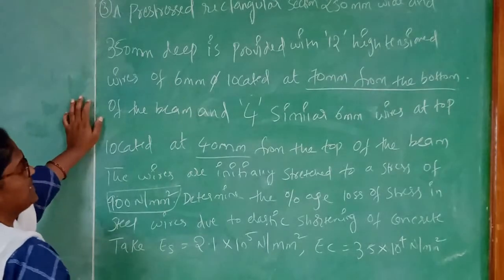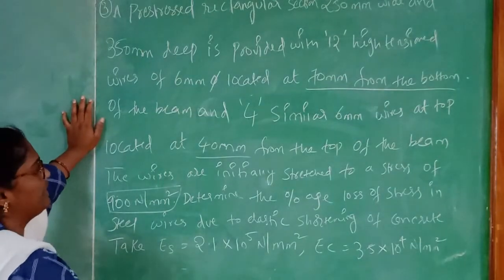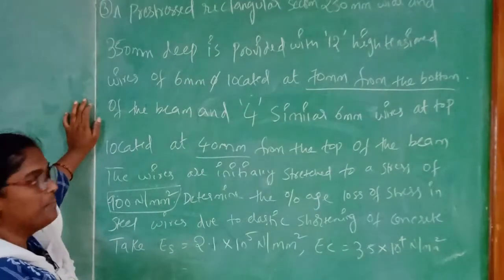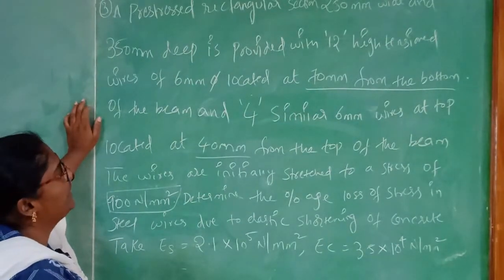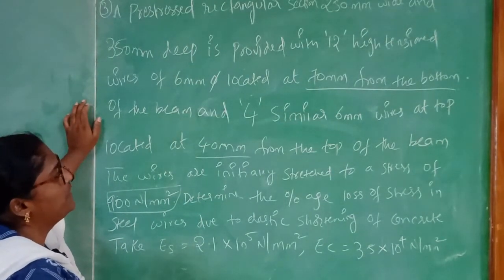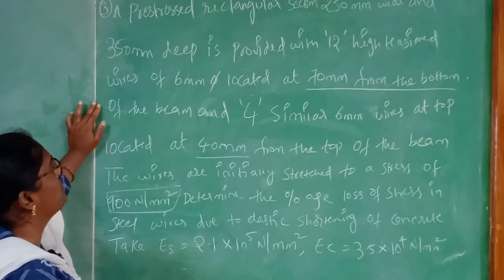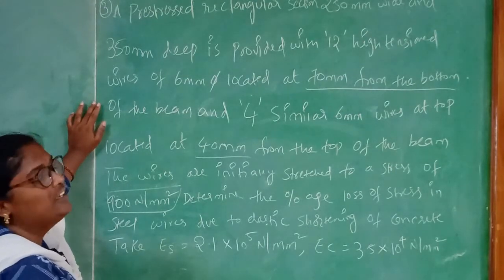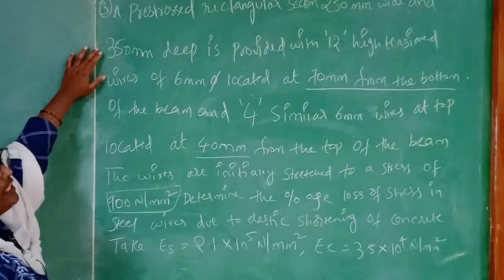Obviously, this will become a pre-stressed member. What is the beam which you have? Here he is telling the beam is 250 mm by 350 mm, a rectangular beam.